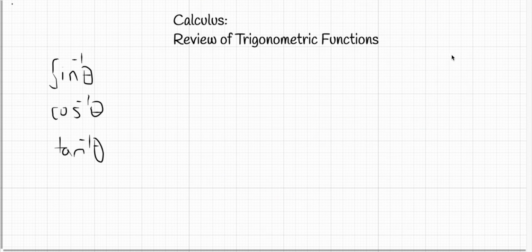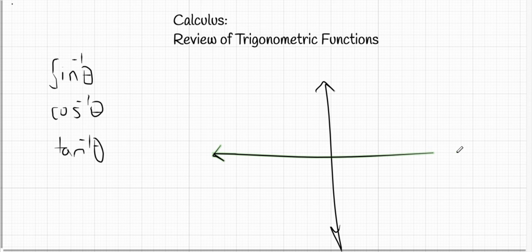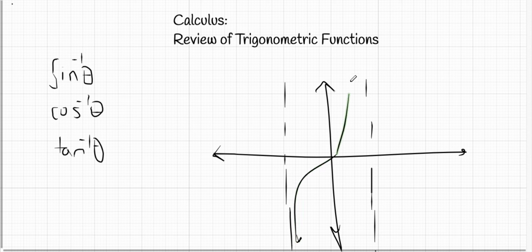And our final one, tangent, is probably the least exciting of them, because you don't have to split it up at definite points. Since it has asymptotes, we'll just take the portion between any two asymptotes. So I'll just draw that right here, and we'll just take this portion. There's really no use drawing the rest of it right now.